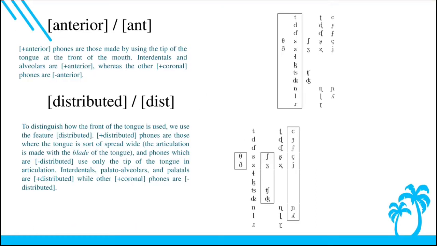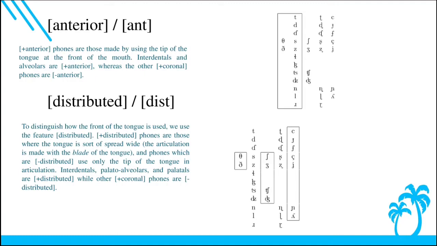Anterior. Essentially, anterior means is it in the front. So if it is plus anterior, it's in the front, meaning it's in your alveolar ridge or forward. Some examples of plus anterior sounds are something like s.